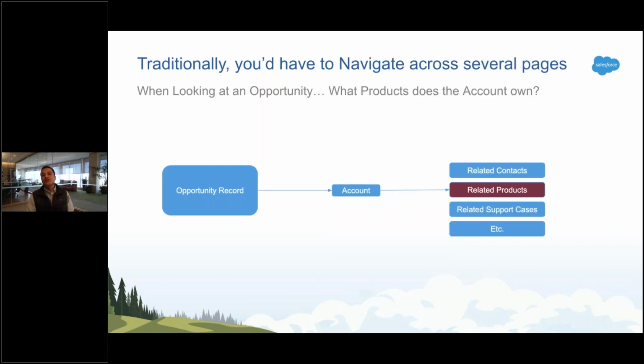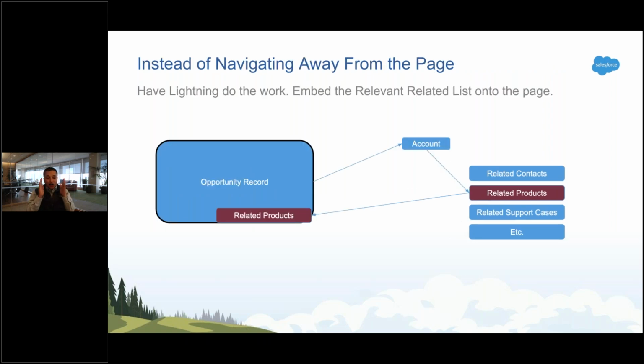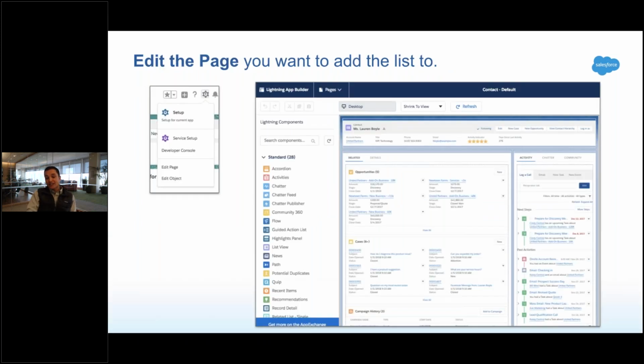Well, what if you're on an opportunity and you want to see all the products on the account, or all the contacts on the account, or all the cases on the account? Traditionally, you got to go from the opportunity, click to the account, find the list, and then look at it. What if you could just, while you're on the opportunity page, have Salesforce go up to the account, find the list you want, just put that list right on the page for you? So that's what you can do.